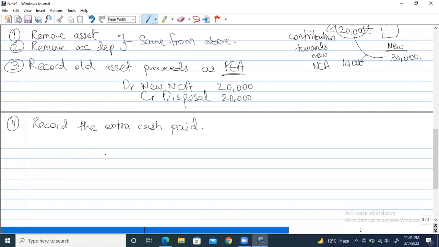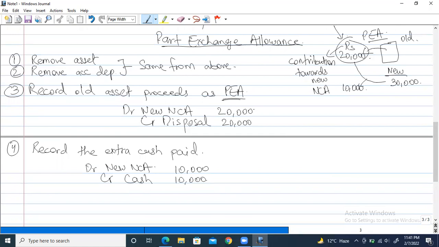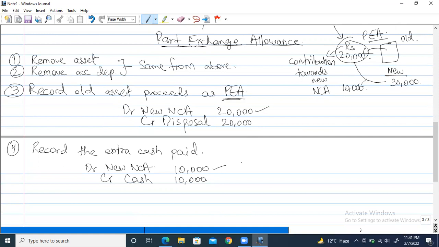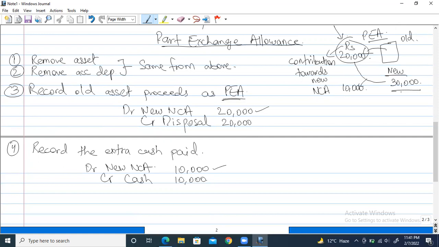So we credit cash and we debit the new non-current asset. Now the amount will be 10,000 over here. So if we look at it overall, the new non-current asset first got debited with 20,000 and now it got debited with 10,000 extra. So in total it became 30,000, right?